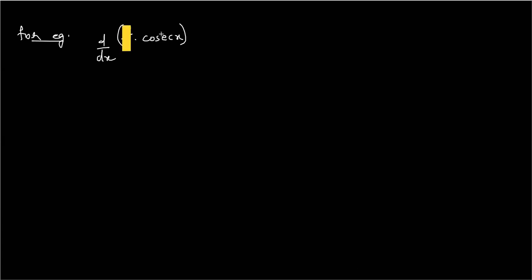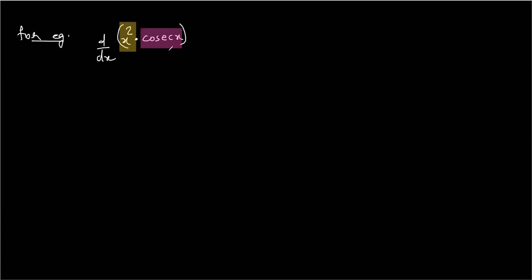One is variable raised to constant, x square function, and the other is trigonometric function cosec x. So we have two functions, x square and cosec x multiplied.